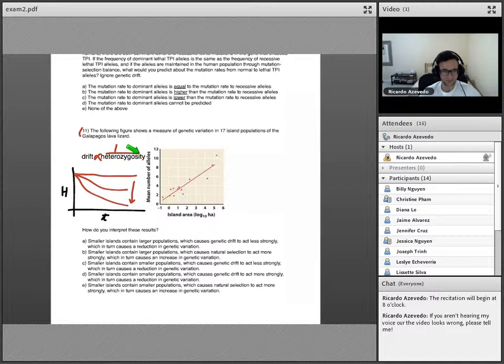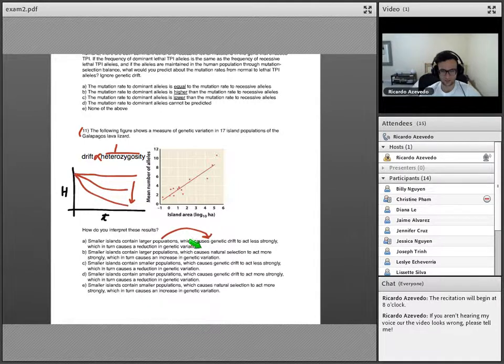So in A, it says the smaller islands contain larger populations. First of all, from this we can't really assume that. It causes genetic drift to act less strongly. A large population would result in drift acting less strongly, so that part is true, which in turn causes a reduction in genetic variation, which is also logical.